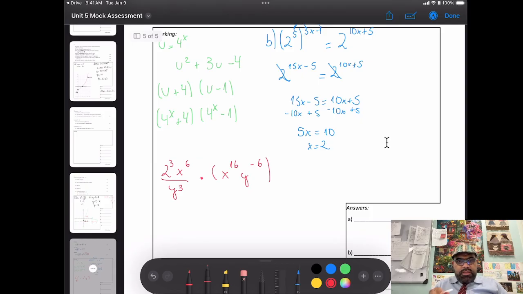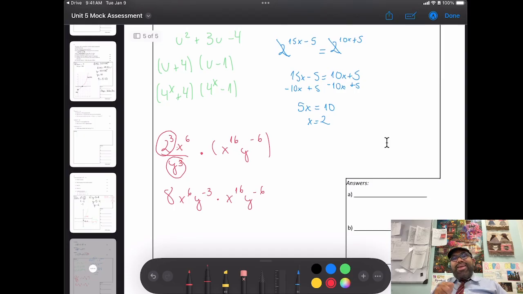Great. This y to the third is in the denominator. Let's bring this to the numerator and solve this to the third. 2 to the third is 8. 8, x to the 6, y to negative 3 times x to the 16 and y to negative 6.